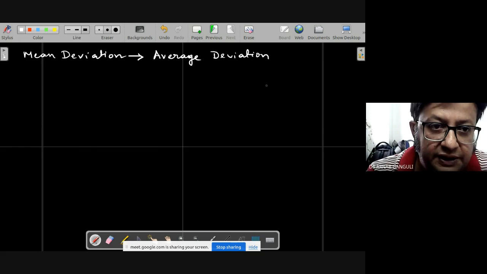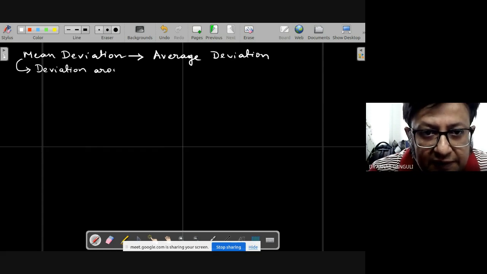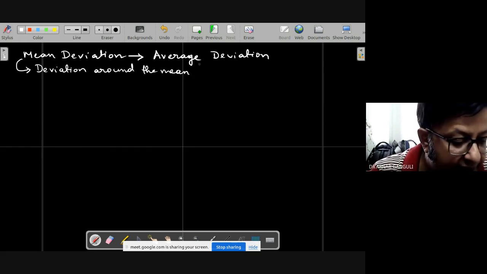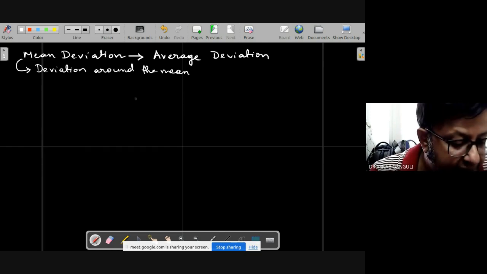This is the deviation around the mean. How do you calculate the mean deviation?